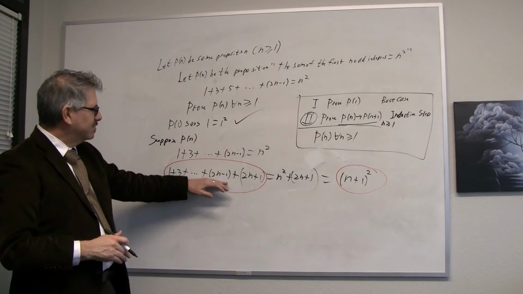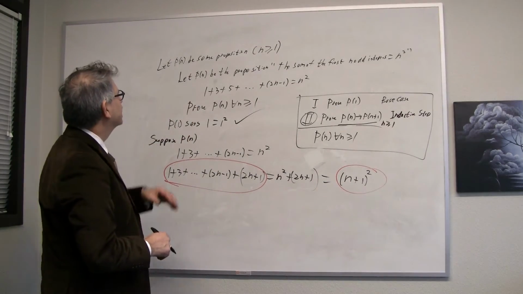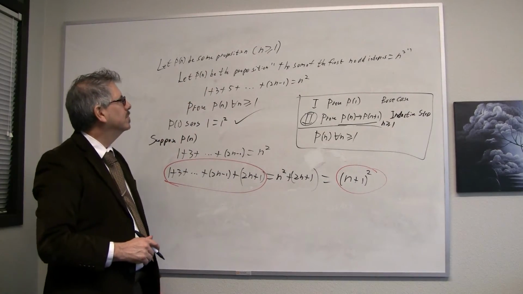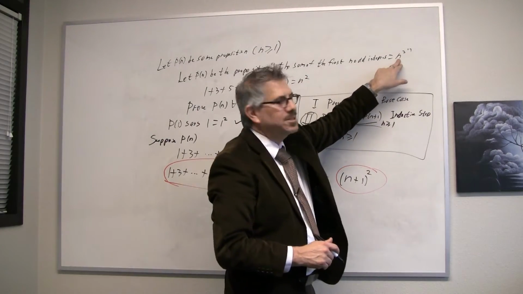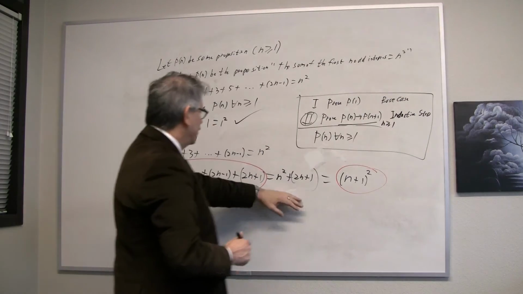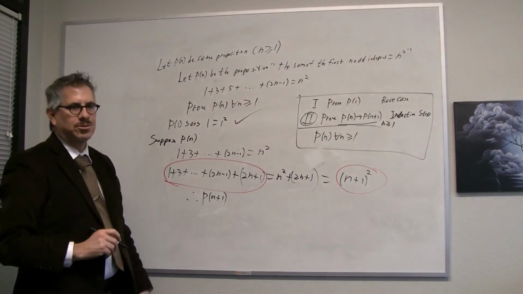Well, saying the sum of the first n plus 1 odd integers is n plus 1 squared, that is P of n plus 1. P of n plus 1 says the sum of the first n plus 1 odd integers is n plus 1 squared. And we just proved that. So P of n plus 1 is true.